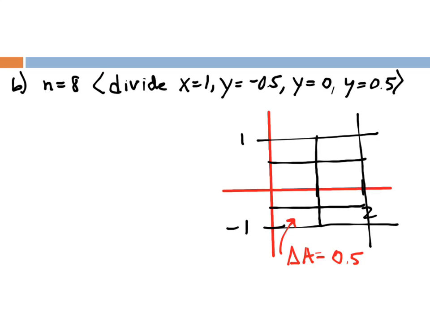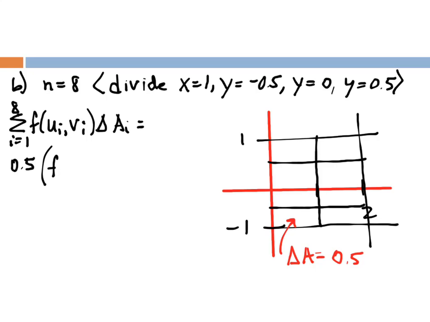All right, so we're going to find the sum from i equal 1 to 8, because we're going to have 8 rectangles, f of u sub i, v sub i, times delta A sub i. So like we said, delta A is actually 1/2. So I need to know what in the world are my 8 evaluation points.